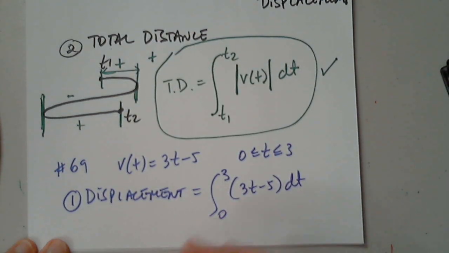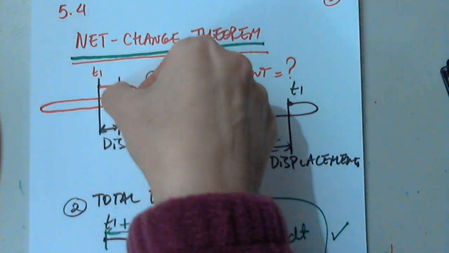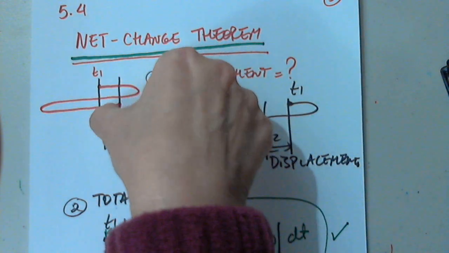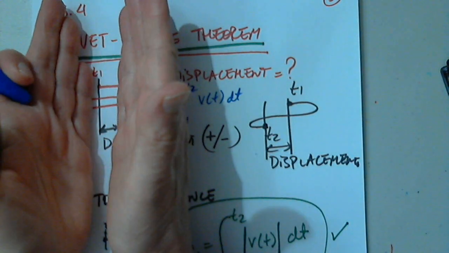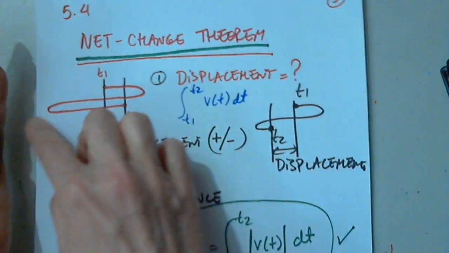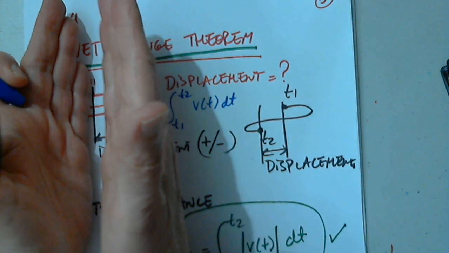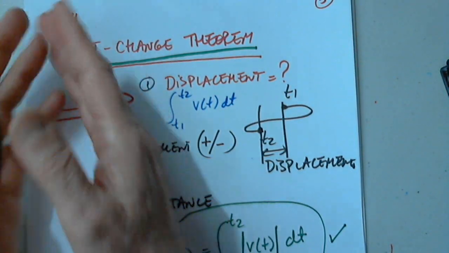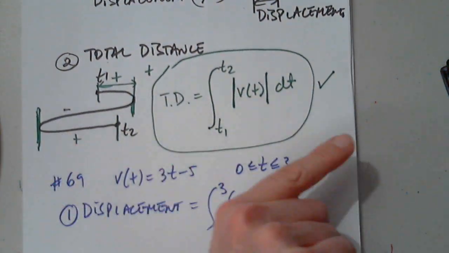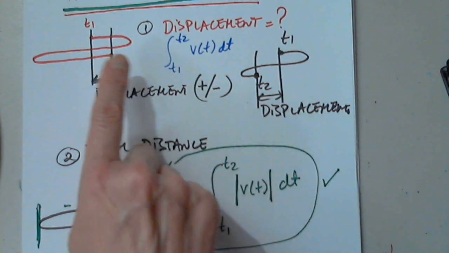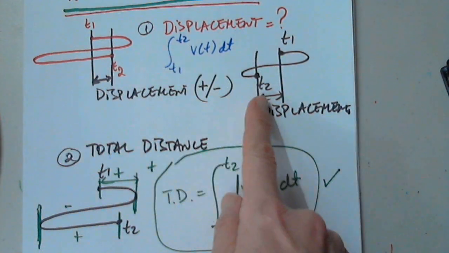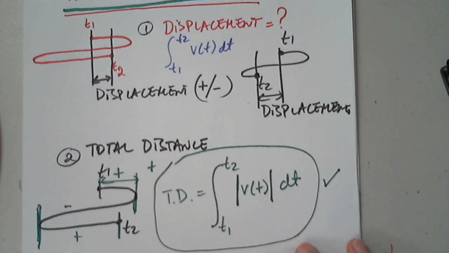It will tell us whether, if it started here, it ends here. This is not the distance covered, but the difference in position. It can be to the right of the initial point or to the left of the initial point. That's all it will tell us.